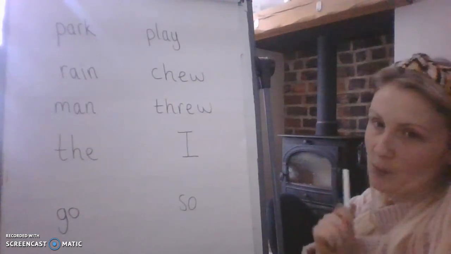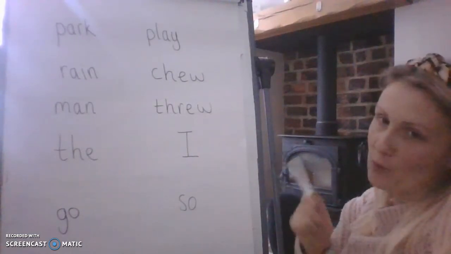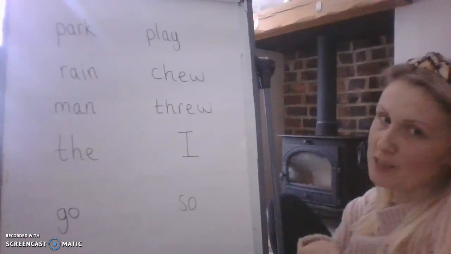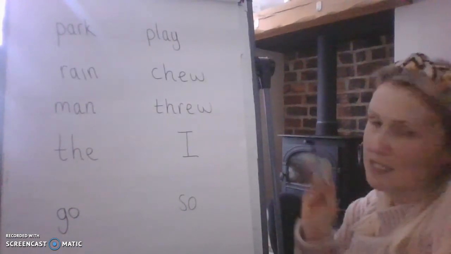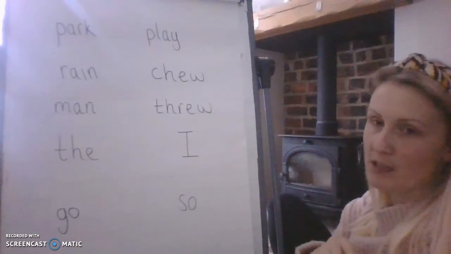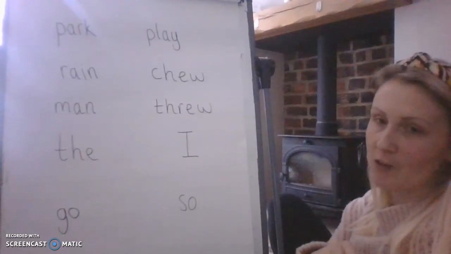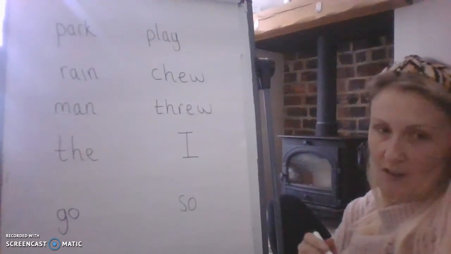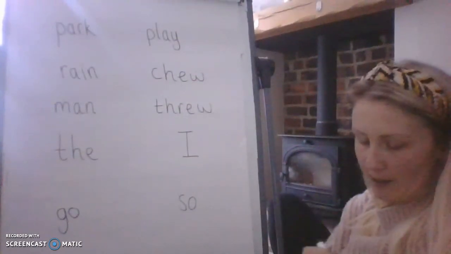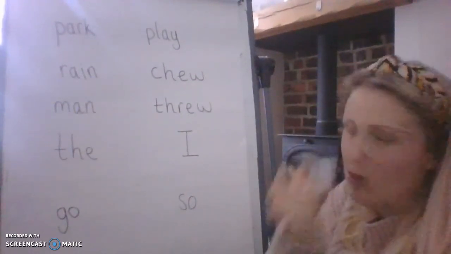Okay, so pause your video here and then we will go through them together and put our sound buttons on, but I want you to have a go at writing these words down and putting your sound buttons on them. Have a go at doing that now. Okay, let's get our sound buttons. I'm going to use red for my sound buttons.